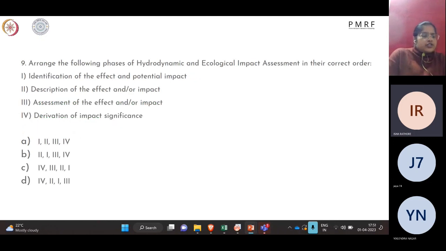Okay, so moving on to question 9. Arrange the following phases of hydrodynamic and ecological impact assessment in their correct order. So we have identification of effect and potential impact, description of effect and impact, assessment of effect and impact, and derivation of impact significance.